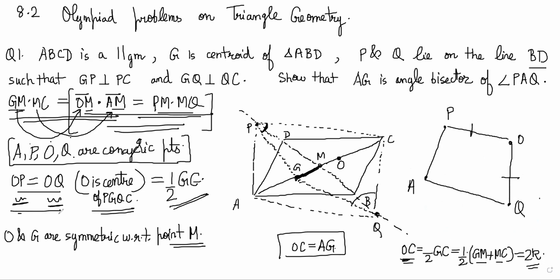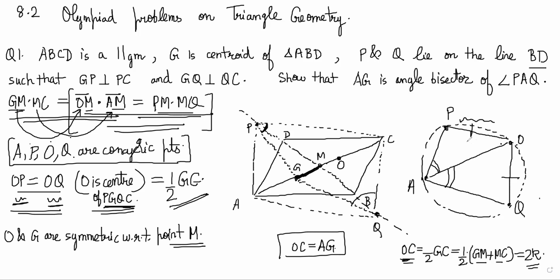Because they were the radii of the circumcircle of PGQC. And we know that this is a cyclic quadrilateral. So this angle should be equal to this angle because they have the same chord. If you make a circle circumscribing them, the chord PO is the same as chord OQ. So the angle that they subtend here should be the same. So angle PAO should be equal to QAO, right?